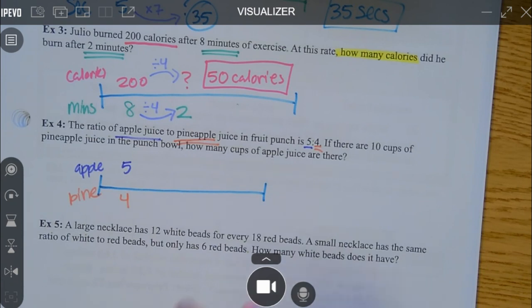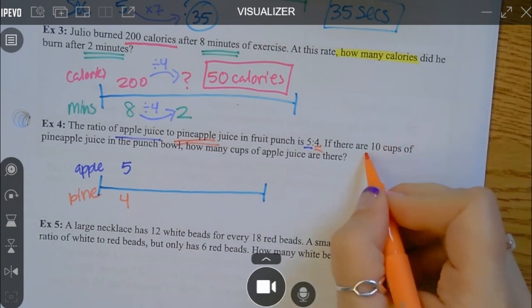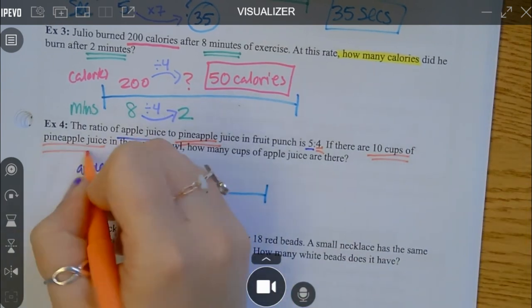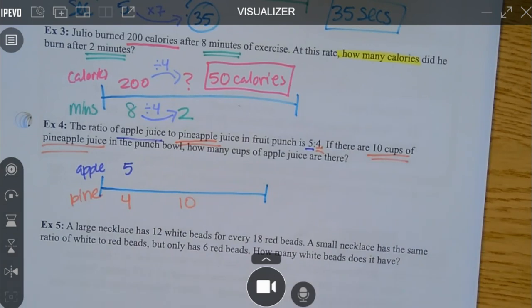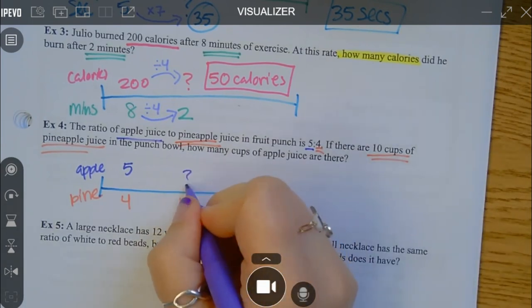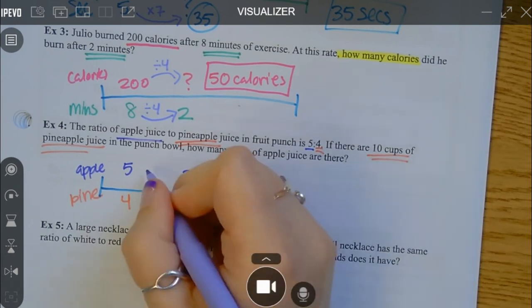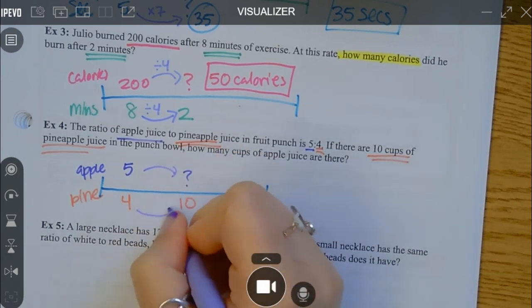So then this first number is talking about the apple, and the second number is talking about the pineapple. Then the next sentence, that's where I'm going to write the second ratio, says if there are 10 cups of pineapple juice, okay, so where's pineapple juice? Pineapple juice is on the bottom. Okay, so I'm going to put 10 down here. Then we want to know how many cups of apple juice. That's my unknown. So move towards the direction of your unknown.